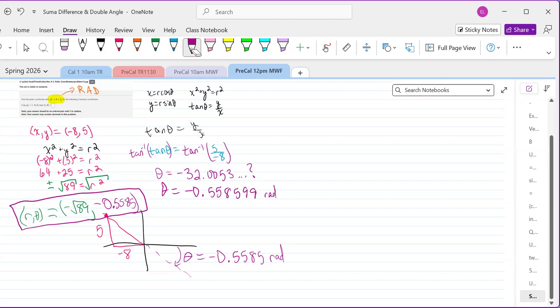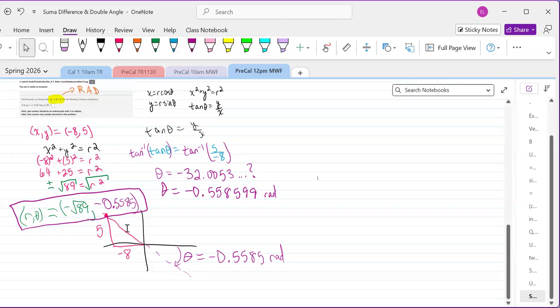Hello? Yep. So would it just be a positive 0.55 for the angle, is it coterminal or just the opposite angle? No, the positive angle would be in quadrant 1. So that's not coterminal, and it's not the equivalent angle for quadrant 2.